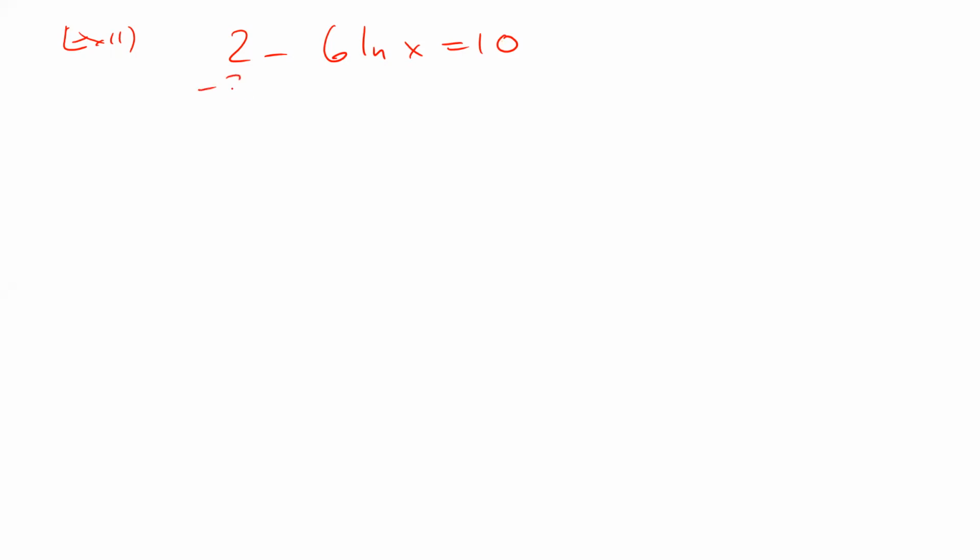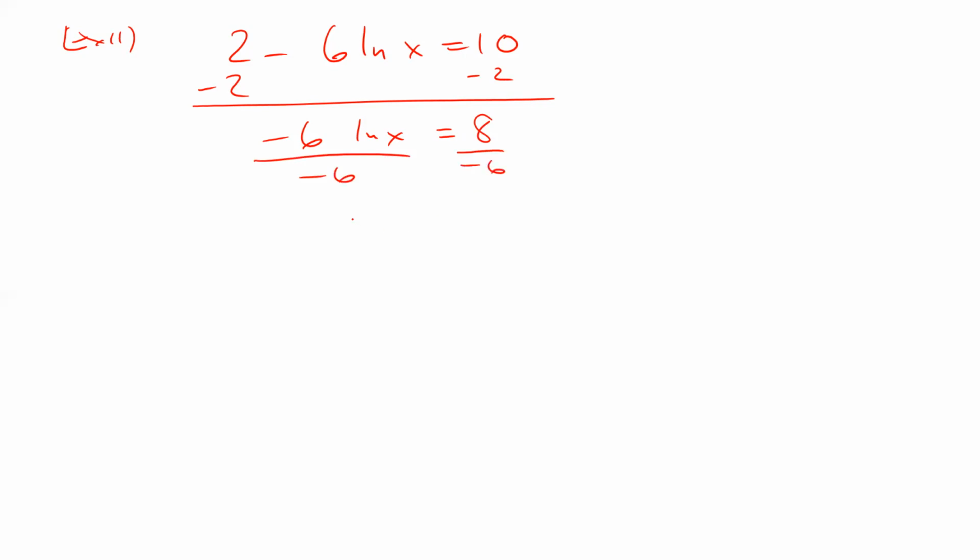Can we subtract 2 from both sides? 6 ln of x is equal to, what is that, 8, is that right? We'll divide through by -6 on both sides. ln of x is equal to, oh, -1.33. So that means it's negative 4 over 3. That's probably what it is. That's cool. Okay.